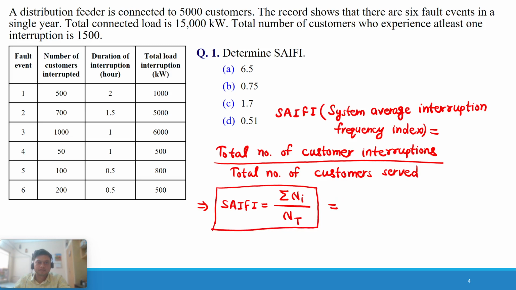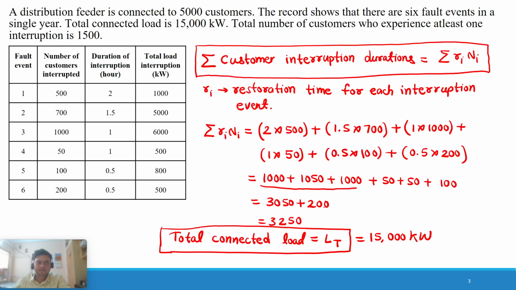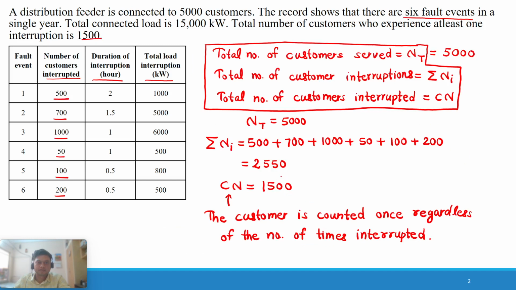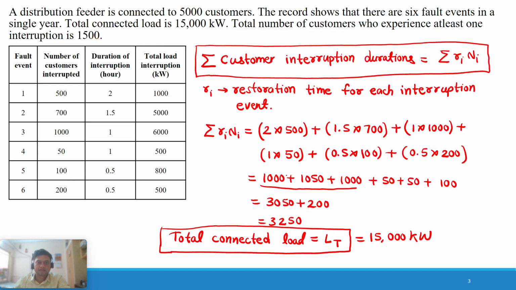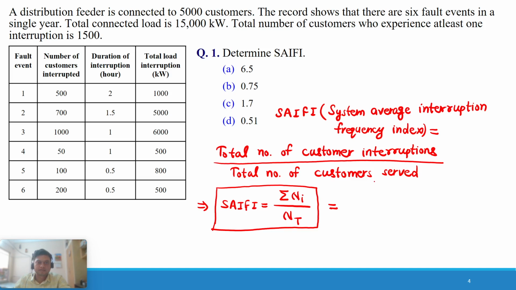So we have already calculated sigma Ni as 2550 and NT is 5000. Divided by 5000, you will get 0.51.